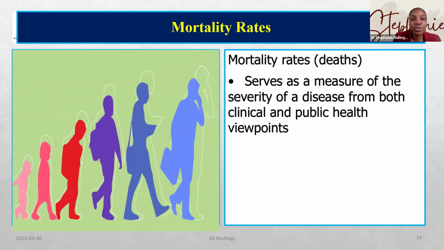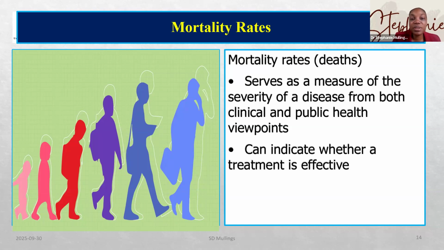Mortality rate speaks to death. Sadly so, we must measure and we must represent what happens even at the point of death. We provide information as to what diseases or conditions are more prevalent among the dead. So we talk about proportionate mortality rate, case fatality rate, maternal mortality rate, and infant mortality rate. Really it's giving you an understanding of what groups of persons are dying, where they are, and what particular diseases or conditions are causing this negative outcome of death.